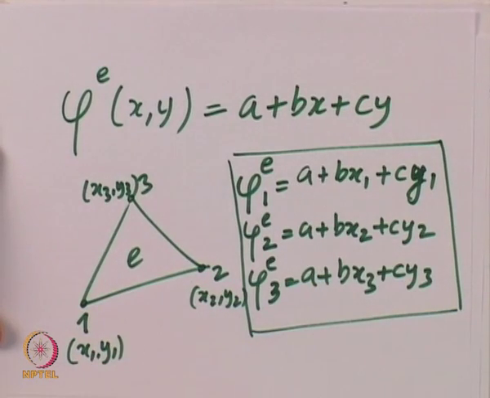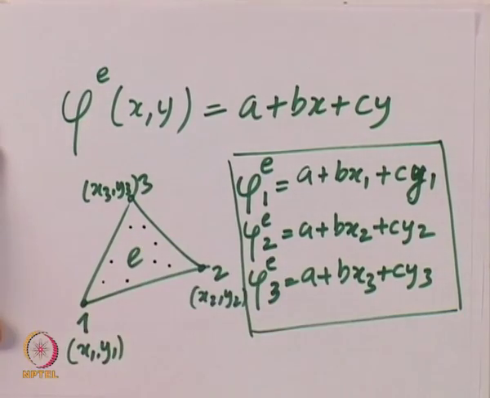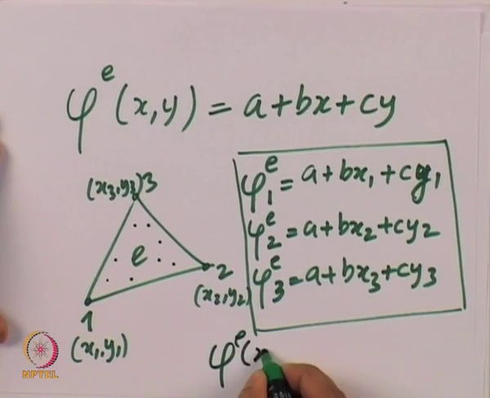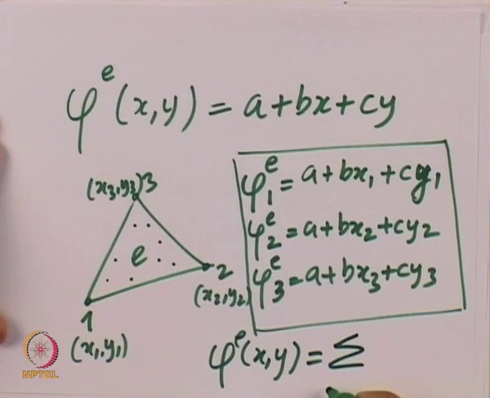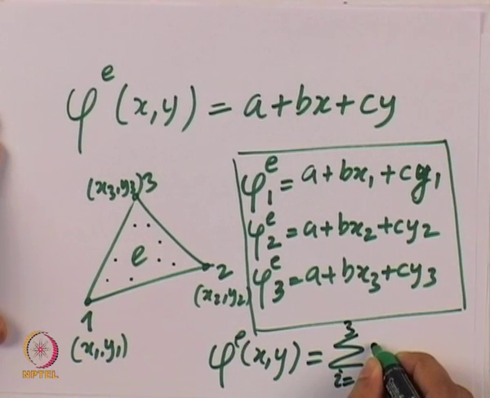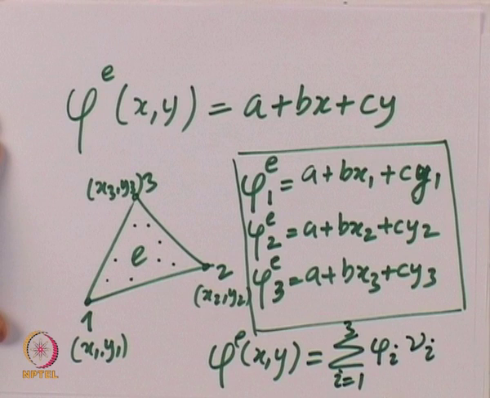So inside the element I can find any point, and the value can be written as, for x comma y, some weighted sum where I goes from 1 to 3 of phi of I, which is 1 2 3, multiplied by certain basis function v of I. So I am going to expand this further.